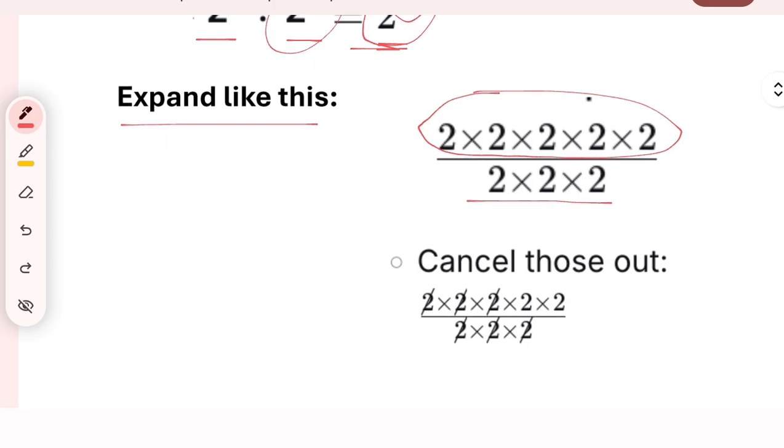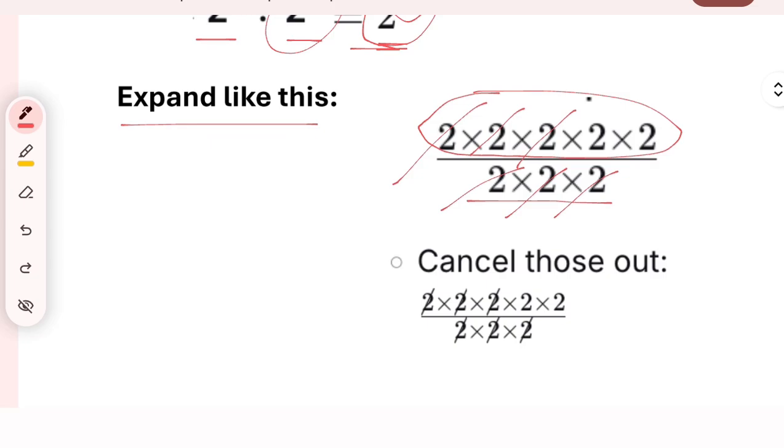And what happens there? We can actually cancel some of those 2's, right? We cancel out 2's from the numerator and 2's from the denominator. So let's try canceling them out. We cancel one of these 2's to here, and this one as well, and this one as well.